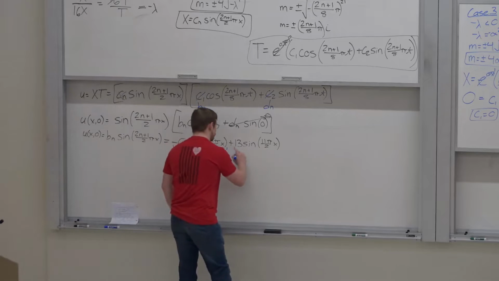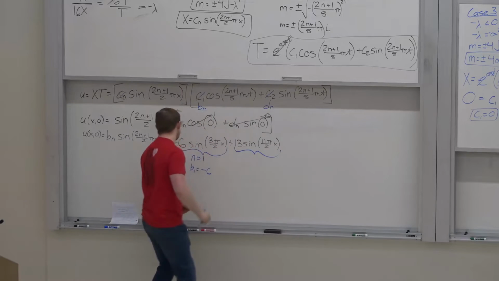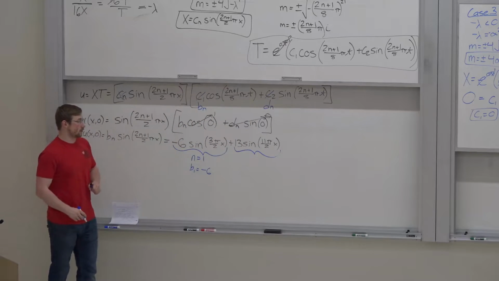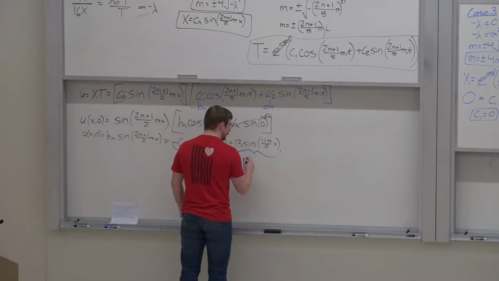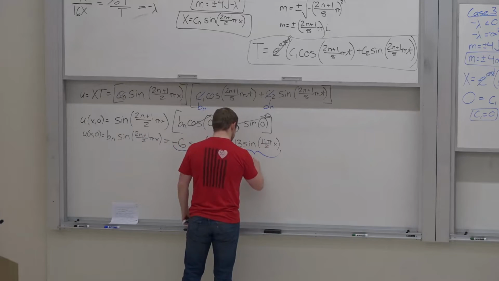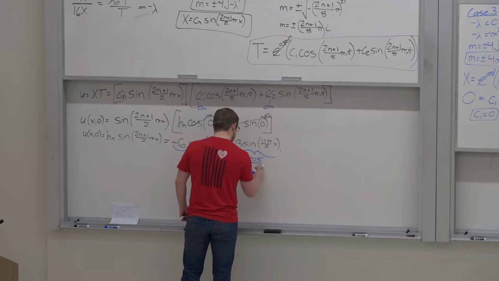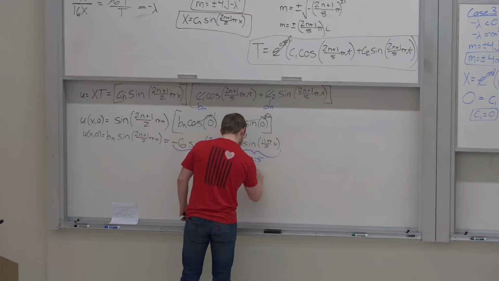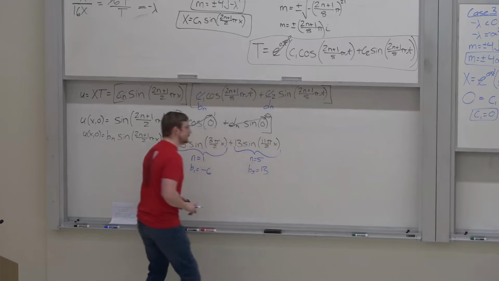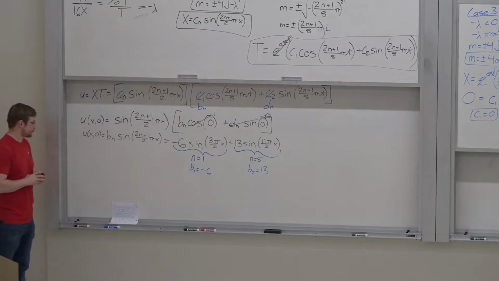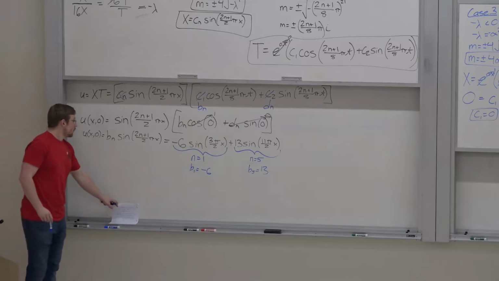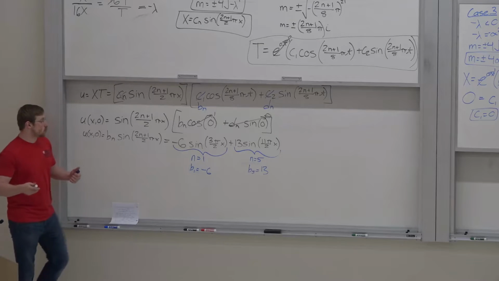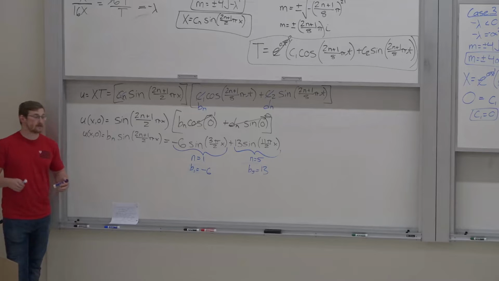Then I come over here to my second term, and I see that my n is going to equal 5, because that's what's going to give me an 11 pi over 2. And my b sub 5 is equal to 13.